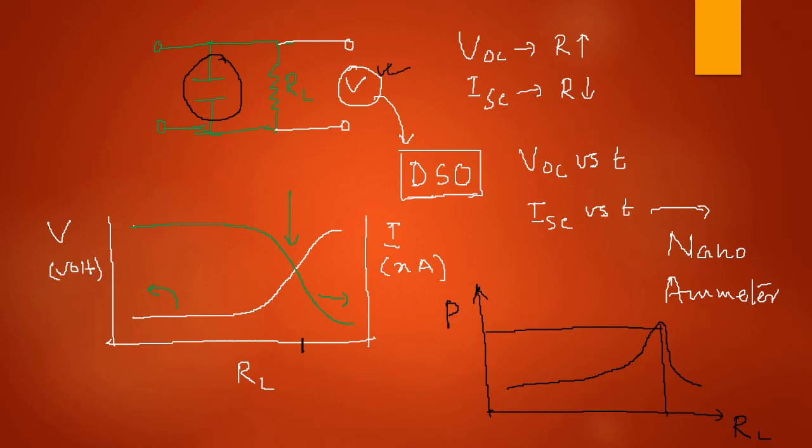This is the voltage across the load resistance, and this also, right? So this is the voltage across the load resistance. Load resistance is the path which is completing the circuit, and this has to vary, as I said, from a very small value to a very high value.